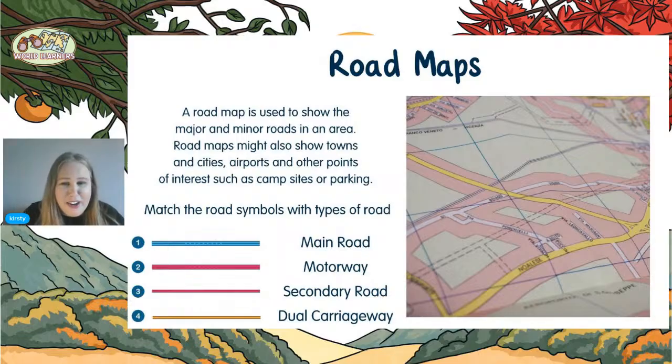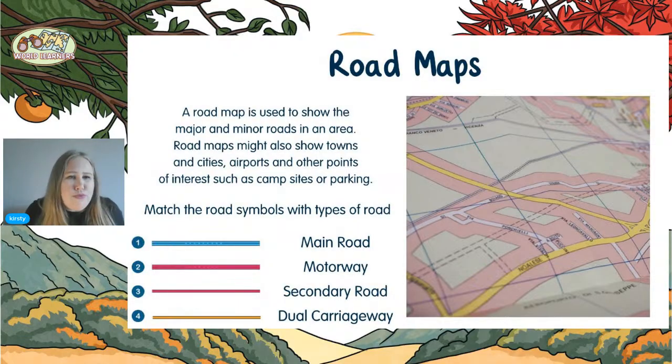Yes, number 1 is a motorway. Then we've got the second most major road. We've got a dual carriageway. So 2 rows of traffic on each side of the road, but not a motorway. Then we've got the main road, which is just that red one, and then the yellow one is the secondary road.